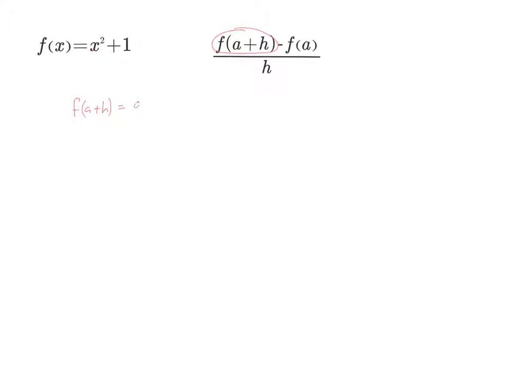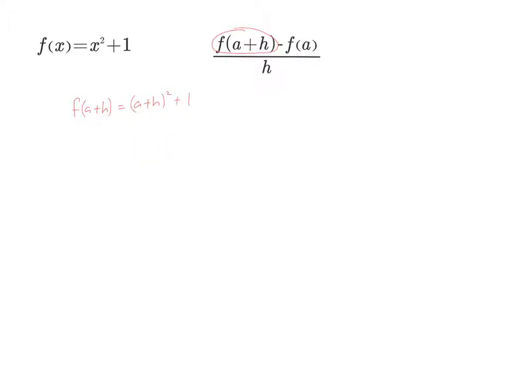And if you notice, I'm putting in parentheses, mainly because a plus h is squared, not just a or h. Now you need to remember that a plus h squared is not a squared plus h squared. That is not correct.